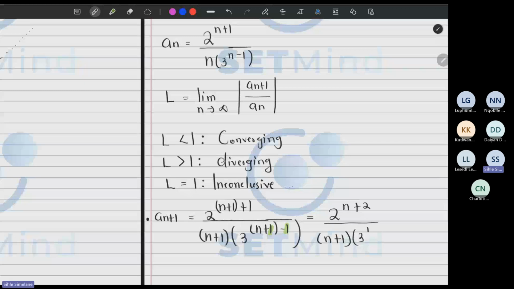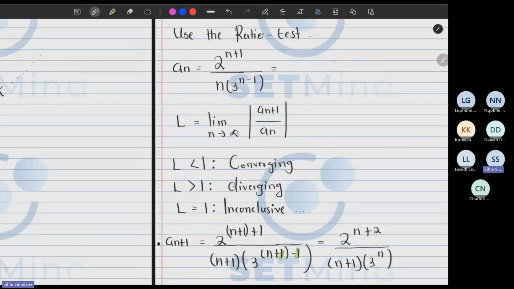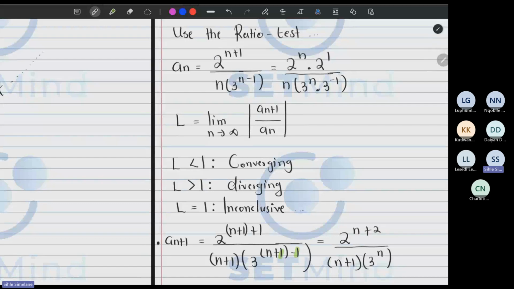Now I go back to my a n and write 2 to the n times 2 to the 1, divided by n times 3 to the n times 3 to the minus 1. I would like to keep my equation as such.